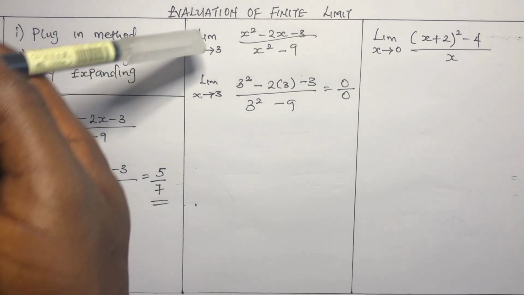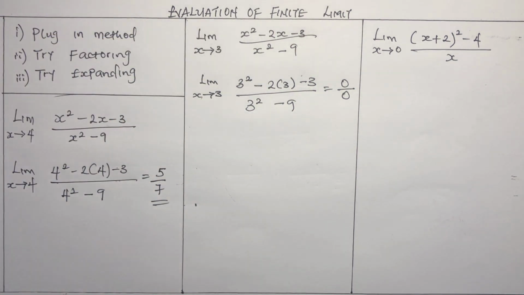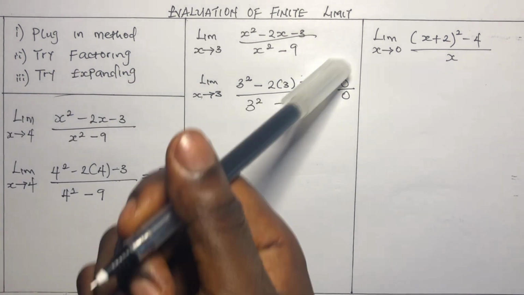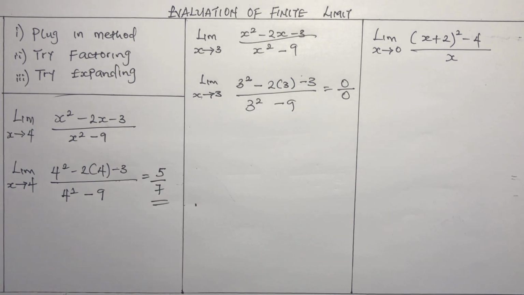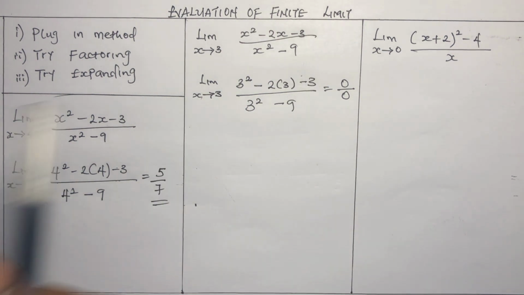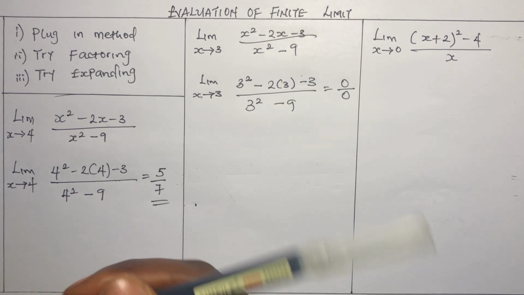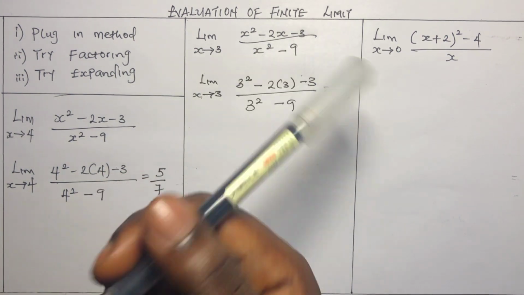So if we take a good look at this, on the numerator we have a quadratic expression and we can actually factorize this. Now for the denominator we have x squared minus 9, and using the law of difference of two squares, since 9 is a perfect square and we have x squared, we can factor out x squared minus 9.